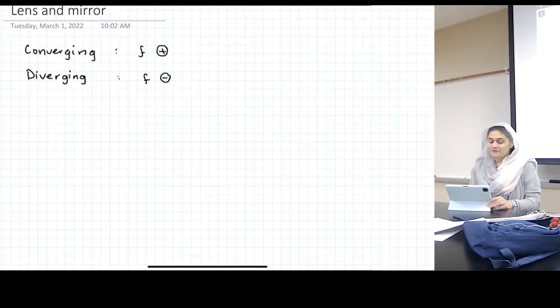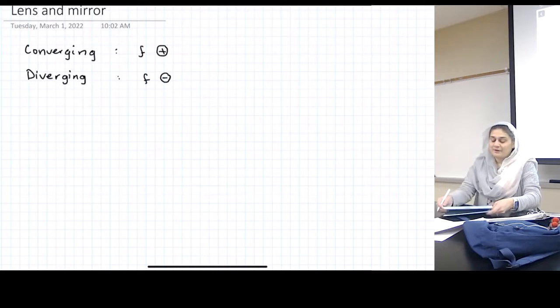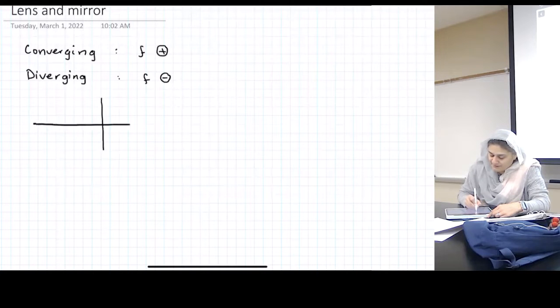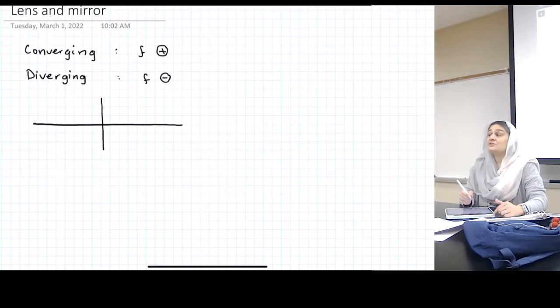Then the other thing you need to remember is that we are going to have whatever lens or mirror in the middle, and we're going to have an optical axis here. We consider that each lens or mirror has a focal length, which I'm going to represent with 2 boxes, but you can think of it as being 10 centimeters.